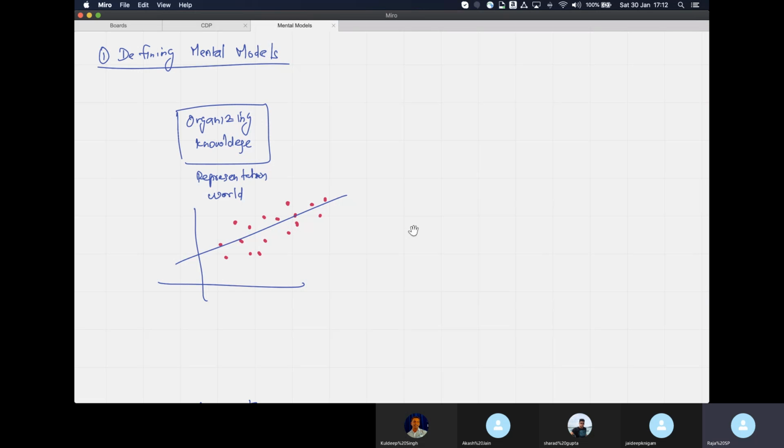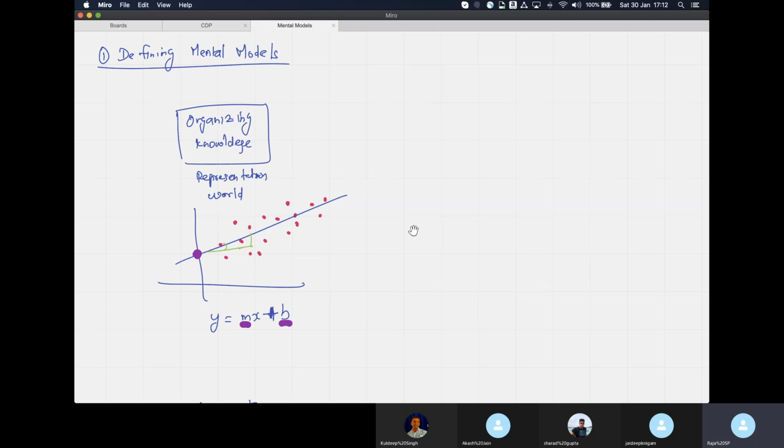Mathematically, we use this formula, y = mx + b, where b is the y-intercept, and m is what we call the slope. These are the only two variables in this. The slope is the angle of the line.